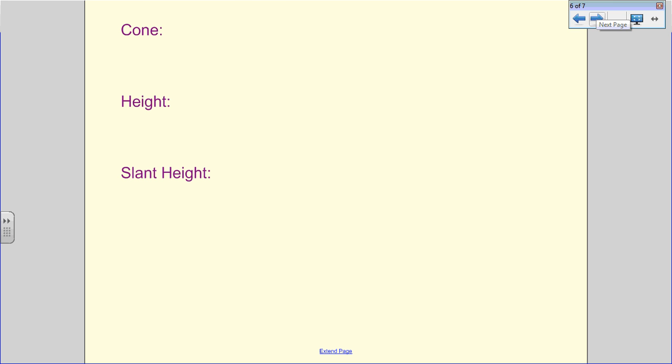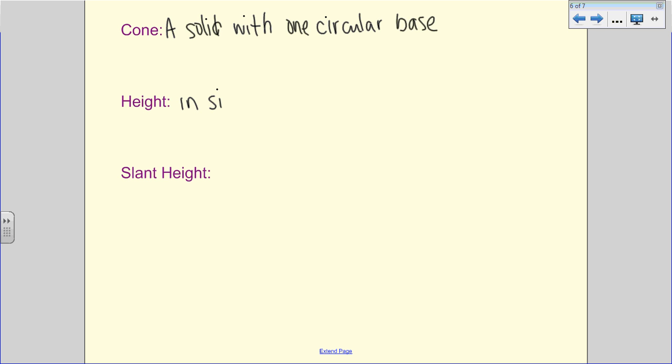Cone is a solid with one circular base. So it looks like that ice cream cone. Once again, the height is the inside height, and it goes from the vertex to the center of the base.